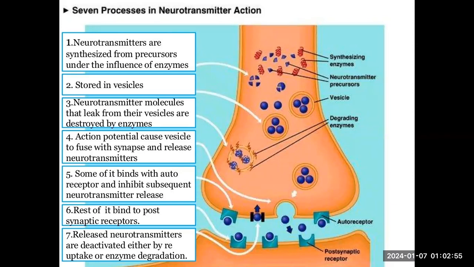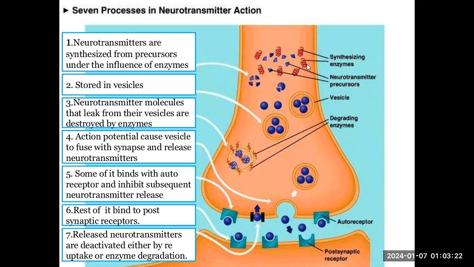The processes of neurotransmitter action: there are 7 processes by which a neurotransmitter can perform its function. Number 1, you can write here, neurotransmitters are synthesized from precursors under the influence of enzymes. You can see right here, synthesizing enzymes and neurotransmitter precursors.